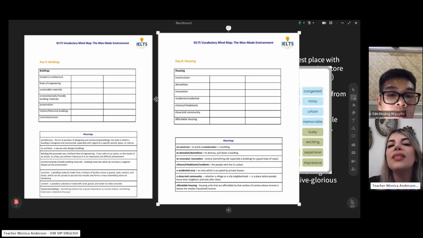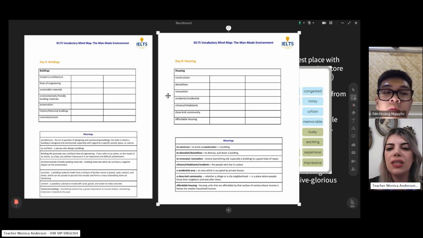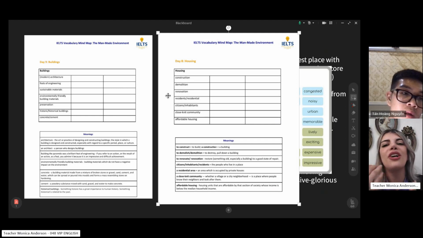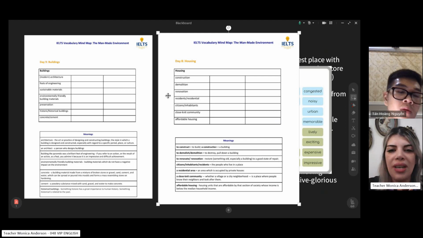We have close-knit community. Of course, we have the same phrase for family, close-knit family. Close-knit community is normally in villages, the countryside or city neighborhoods, not inside the cities. People know their neighbors, they have good relations and look after them. So this is close-knit community.